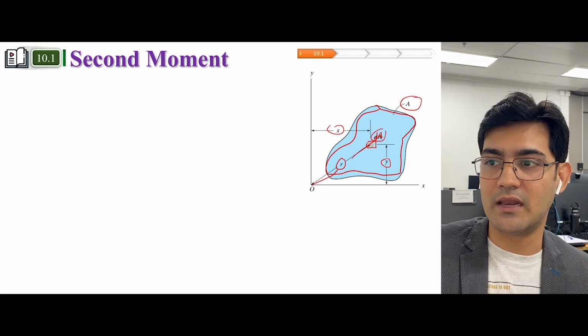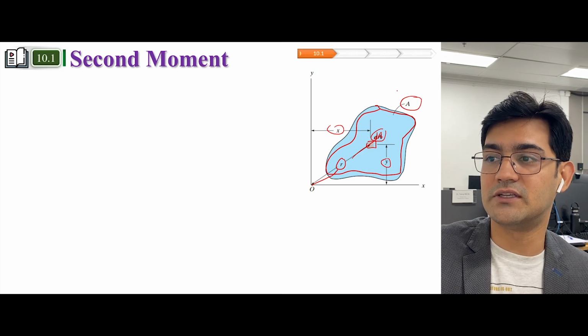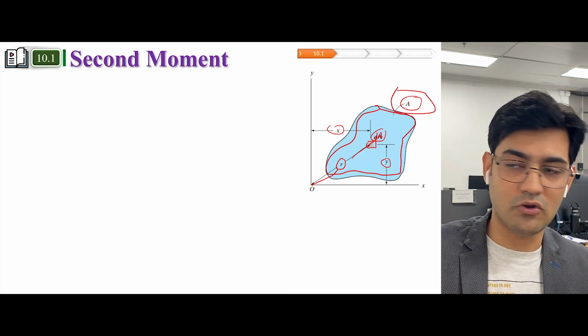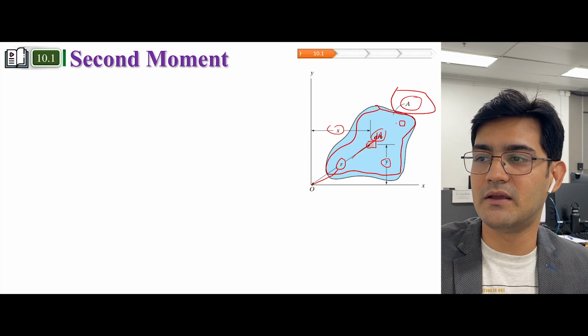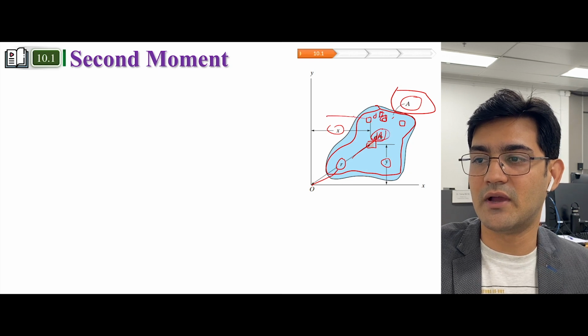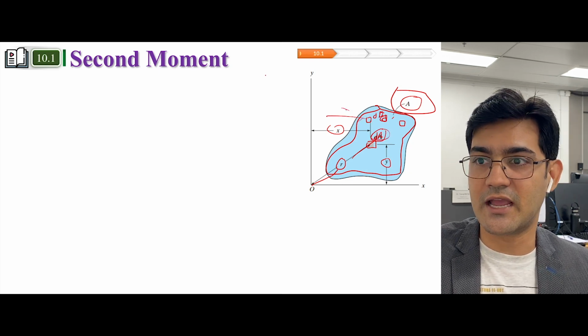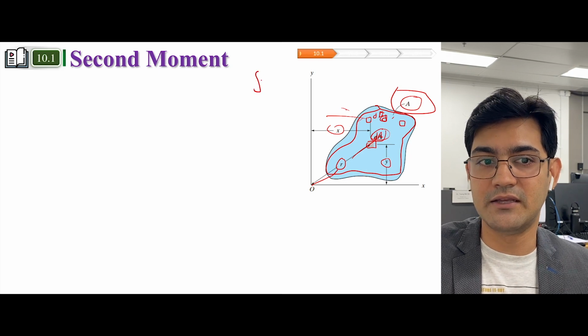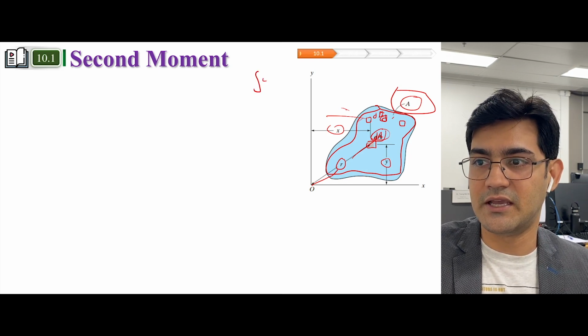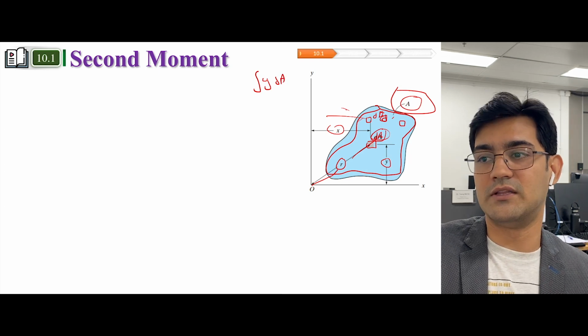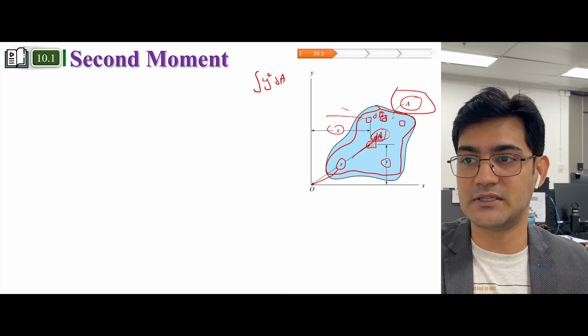So how do you calculate moment of inertia of this whole area? All you have to do is, this dA could be anywhere, so there are so many particles with dA, and you have distances x, y for all these particles. So moment of inertia can be calculated by integrating all these areas along with the second moment of this dimension.